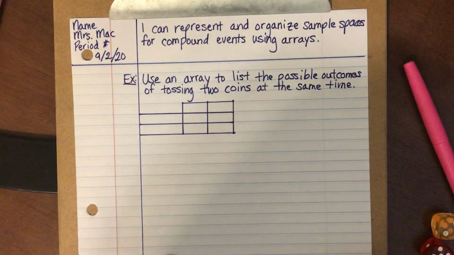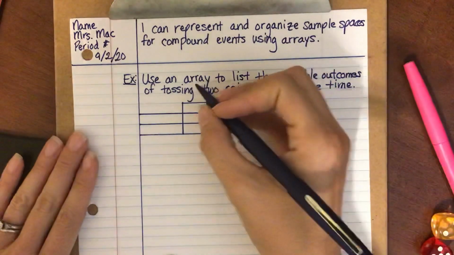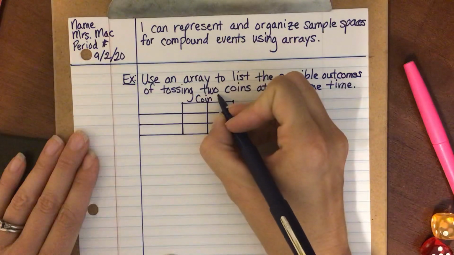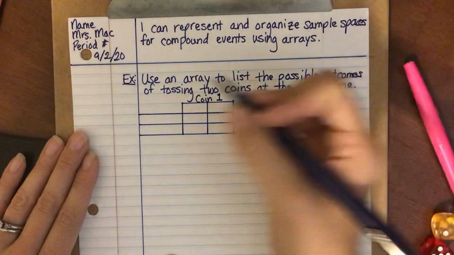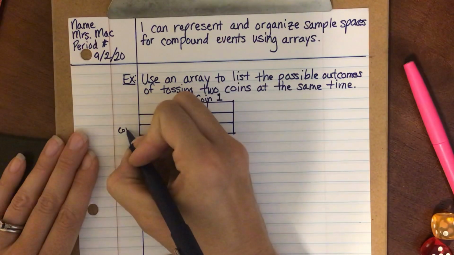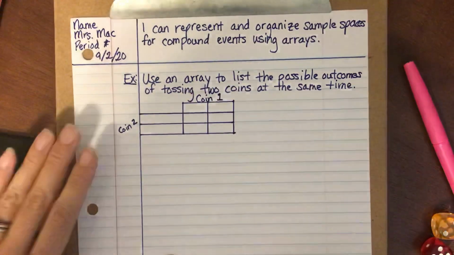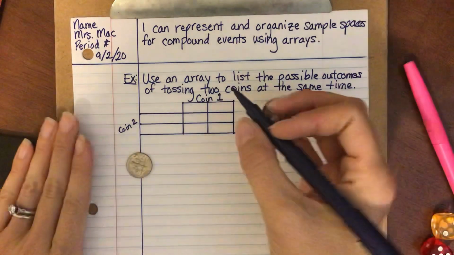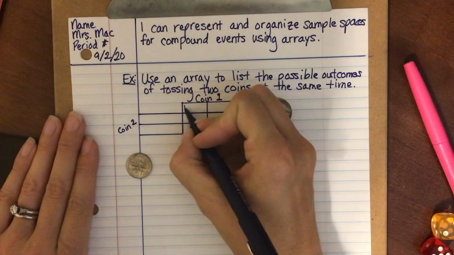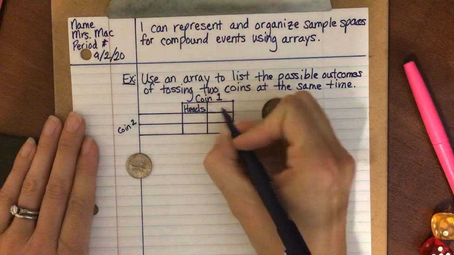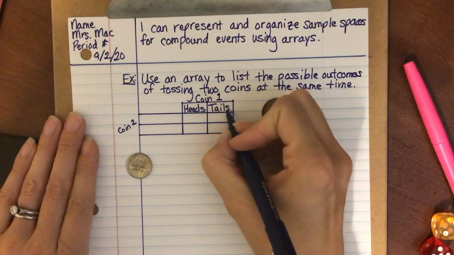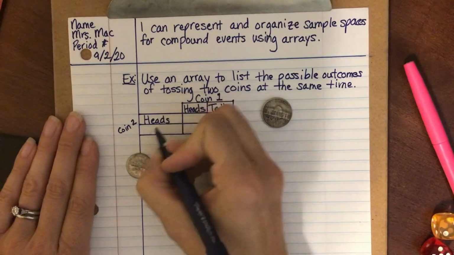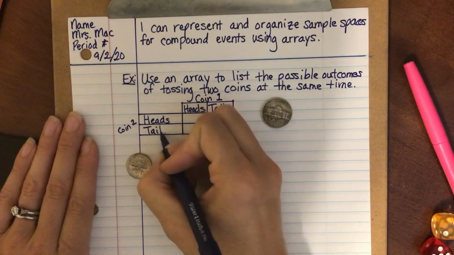Okay, so we're going to have the first coin up here. So we're going to have coin 1 right here, and then coin 2 over here. Coin 1 can either be heads or tails, and coin 2 can either be heads or tails.